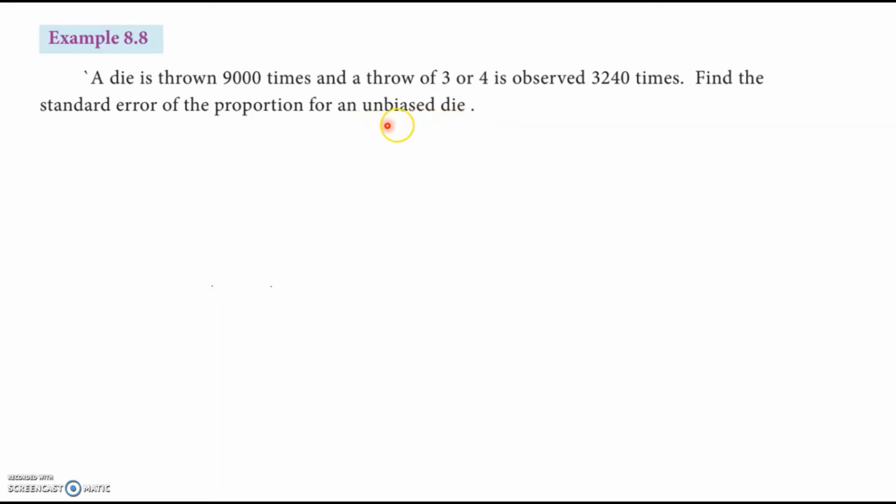Now our sample size is 9,000 because we throw it 9,000 times, and our success is getting either a 3 or a 4. Out of the 9,000 times, 3,240 times we had success. We got a 3 or a 4.